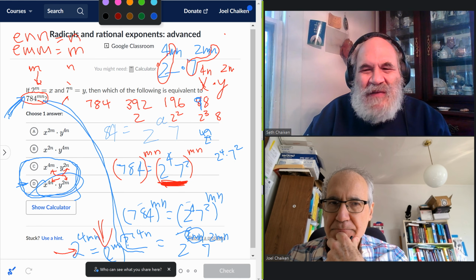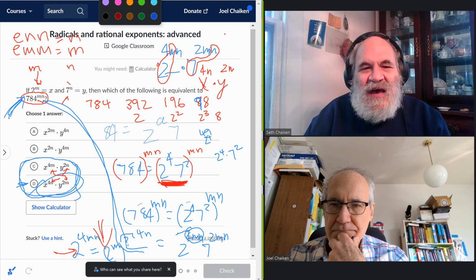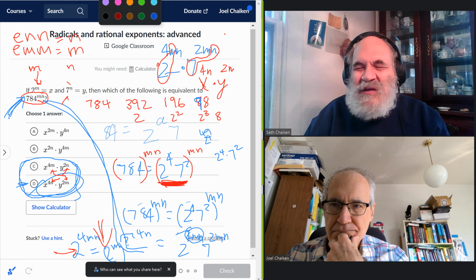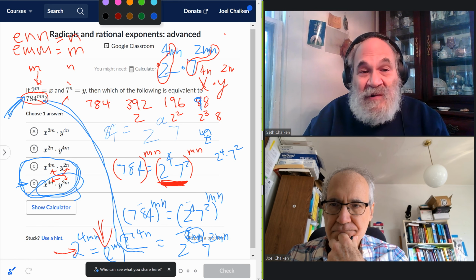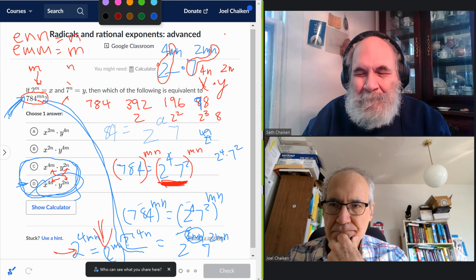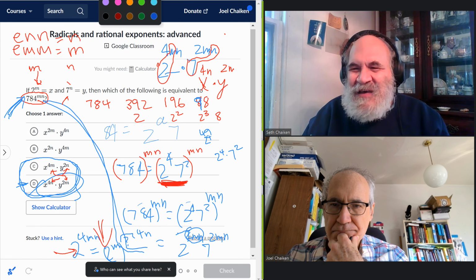Right. And therefore, when expressing any other number in terms of products of x's and y's, which is what you have, x here are 2m, 2 times m x's multiplied together.